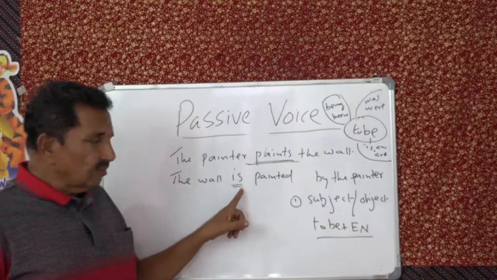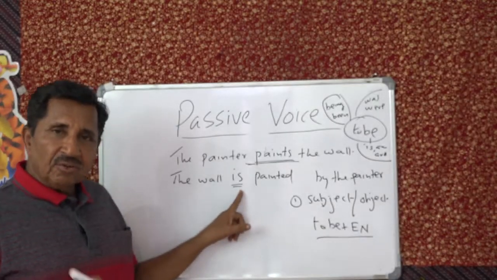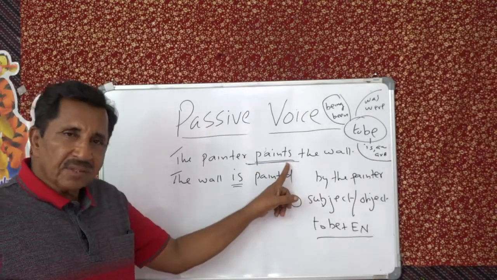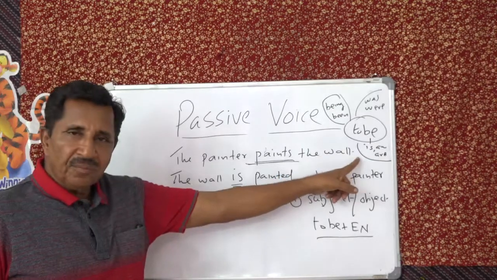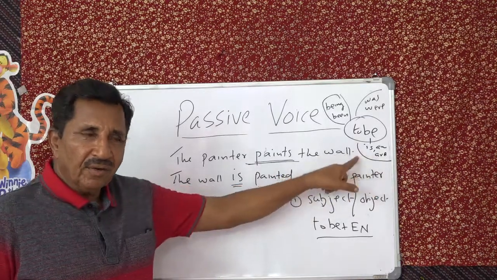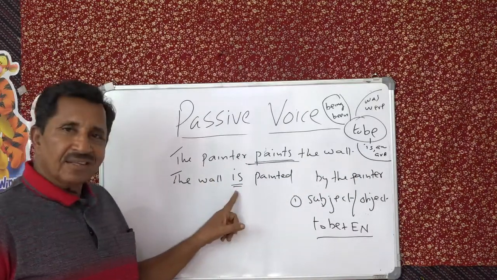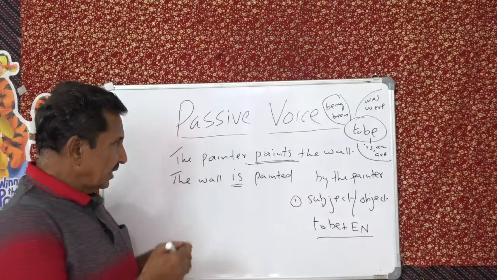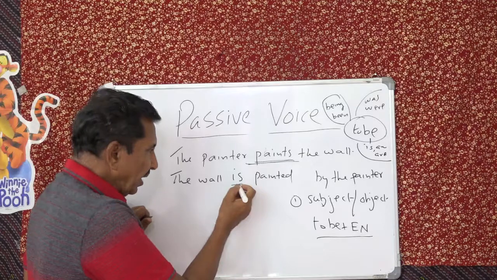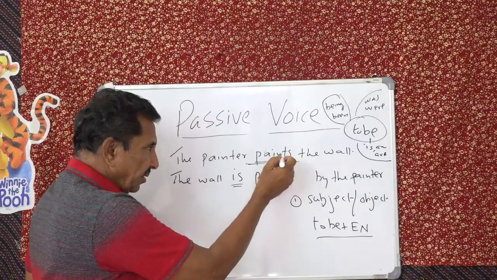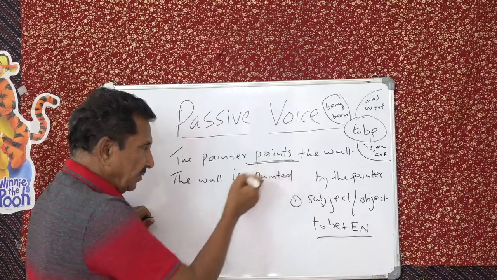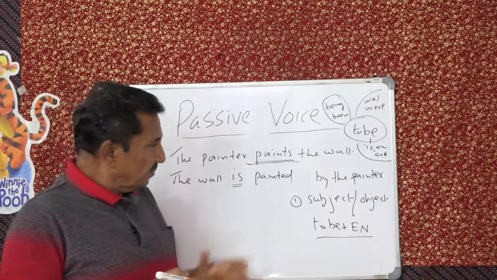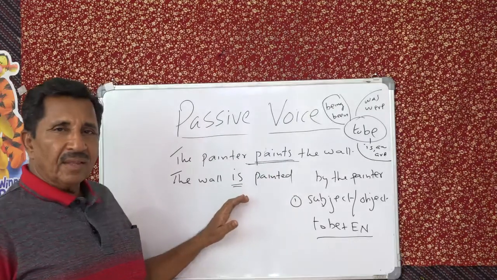Who will decide whether we should use the present tense or other forms? This verb. What is this verb? Present. Therefore you need a present form. There are 3 forms. Which one? Third person singular. So the word is. Whether present or past depends on the main verb. The main verb is simple present, so you have to use the present.